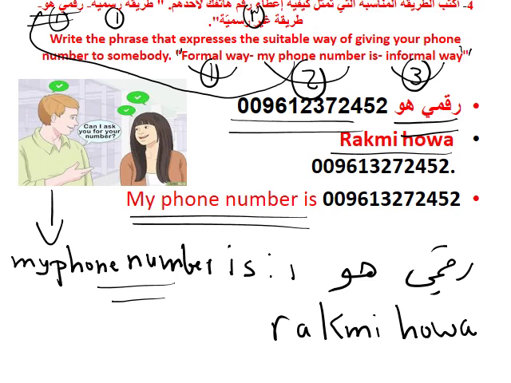So we figure out that my phone number is means رقمي هو, and we're not talking in this question about formal way and informal way. So here the picture gave us signals or hints about the answer of the question.